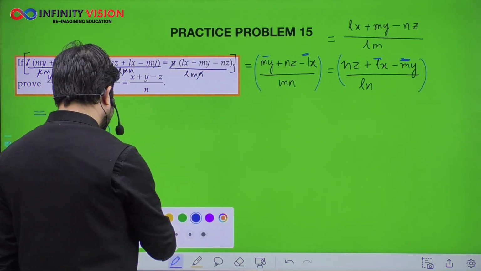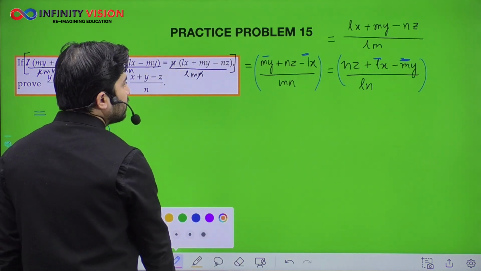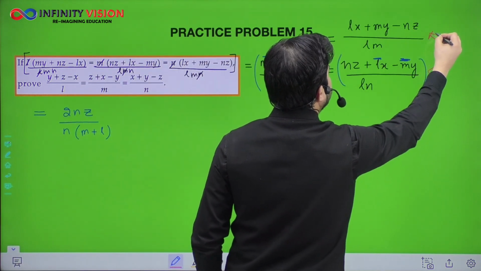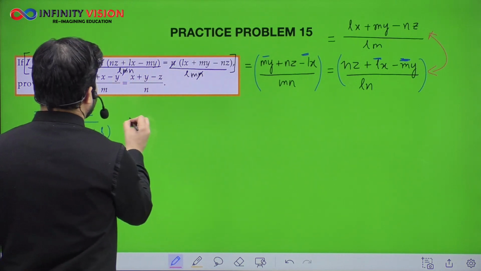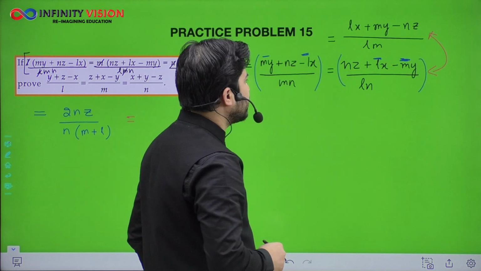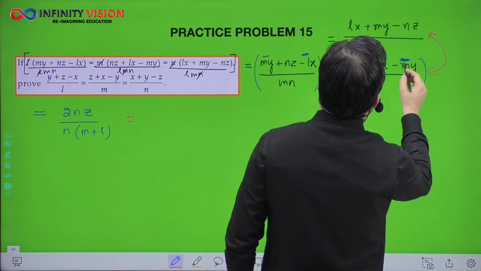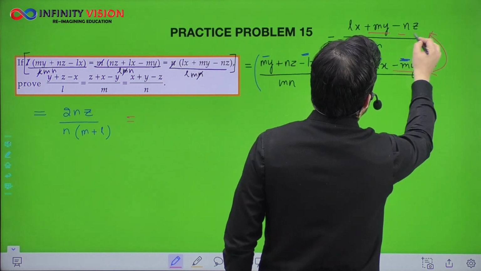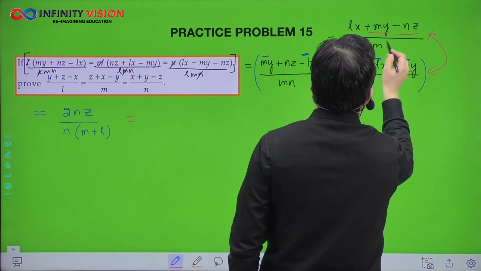In the same fashion, if you consider these two, this will also be equivalent to, I'll just add the antecedents and consequents together of this ratio. So minus My would be cancelled with plus My, and minus Nz would be cancelled with plus Nz.